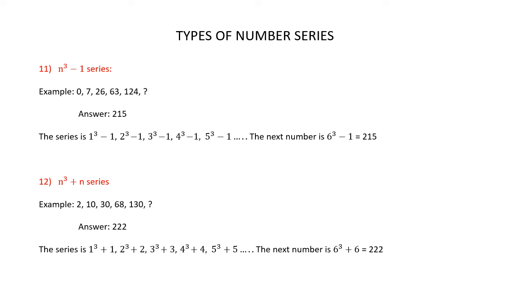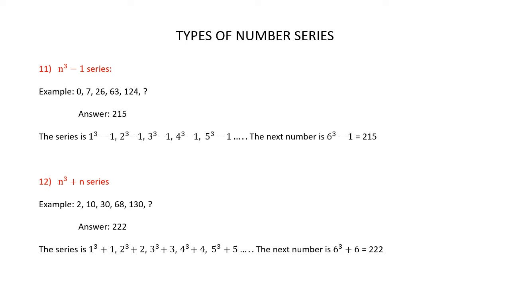That is, 1 cubed minus 1 is 0, 2 cubed minus 1 is 7, 3 cubed minus 1 is 26, 4 cubed minus 1 is 63, 5 cubed minus 1 is 124, and the next number is 6 cubed minus 1, which is 215. The answer is 215, and this is an example of n cubed minus 1 series.